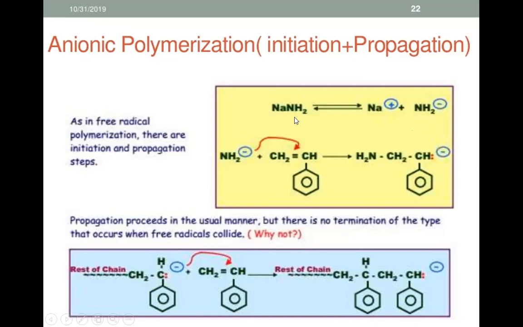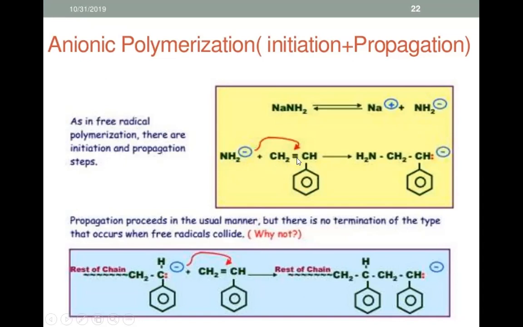It gets dissociated as Na plus and NH2 minus. This NH2 minus, which is called the anion, is made to react with styrene. This is the structure of styrene, CH2 double bond CH, C6H5, which is called styrene.